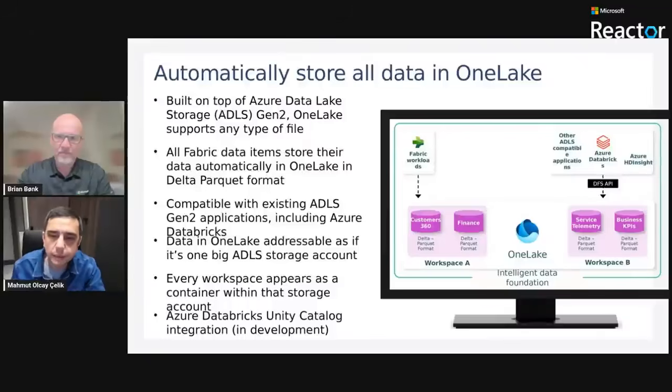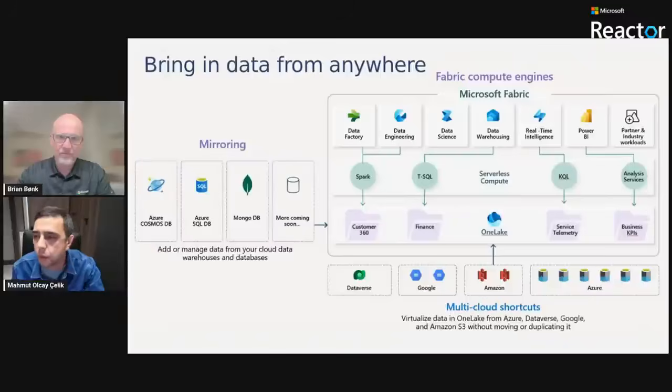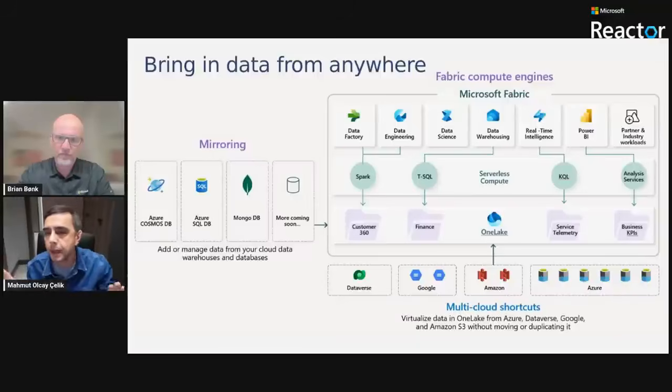Let's talk about the modern data estate, where you can bring in all the data from anywhere. The modern business spans multiple clouds, accounts, databases, domains, and different engines, making it really hard to gain insights from all locations of your data.